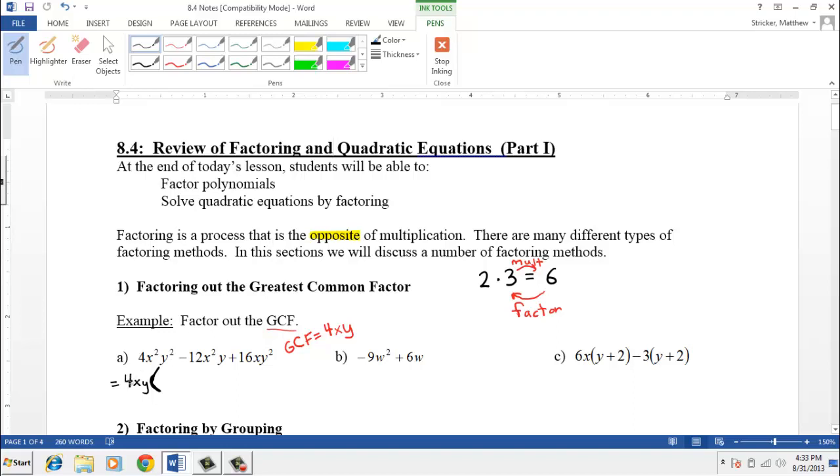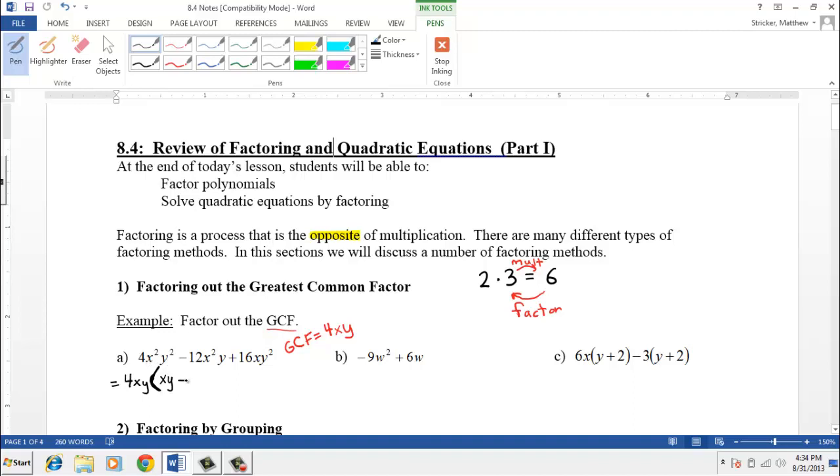We already have a 4, so we're good there. But I would need to multiply x times x to get x squared, and y times y to get y squared. So 4xy times xy gives us 4x squared y squared.